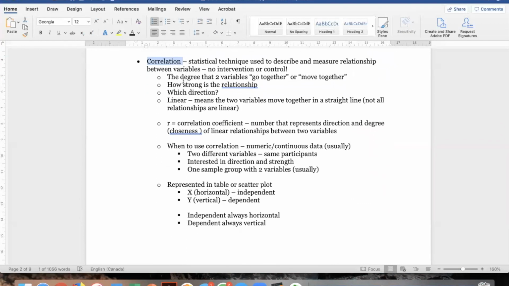Your R, the correlation coefficient, that's what we're calling it, tells you how strong the relationship is between those two things and which direction the relationship is going.